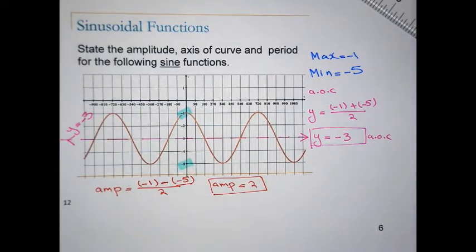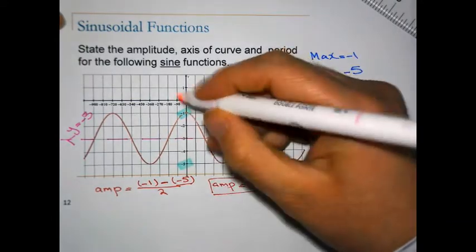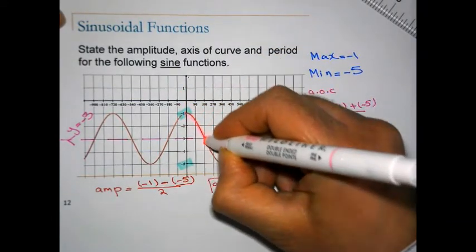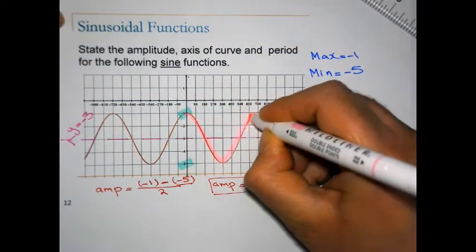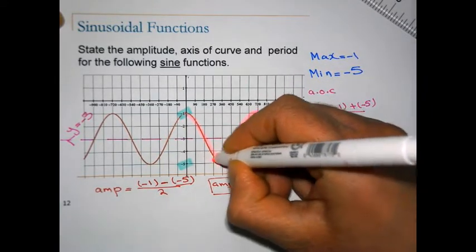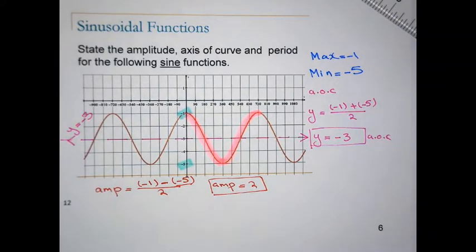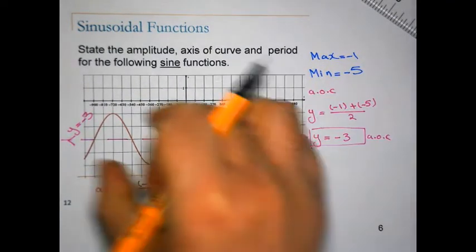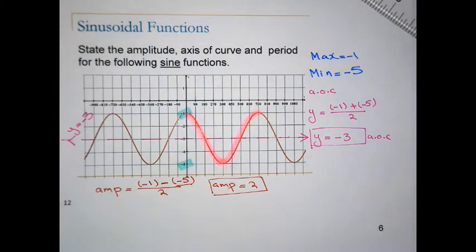Now the last thing we want to find is we want to look at this and figure out what is the smallest repeating cycle. So if you look here, this is the smallest that we can repeat this and we get our periodic function.